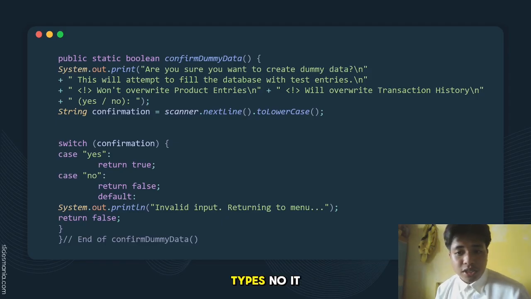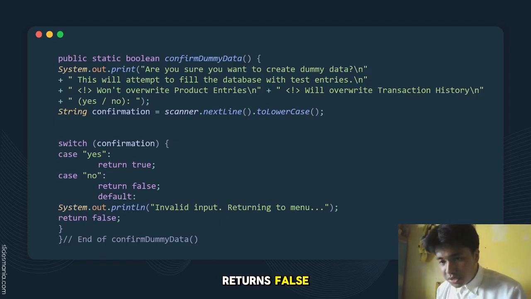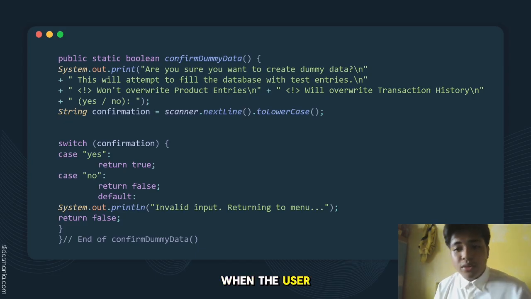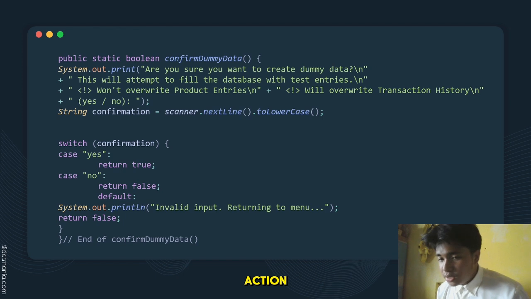If the user types no, it returns false, meaning the operation will be cancelled. If the user types anything else, the program prints invalid input and also returns false. This ensures that the system only proceeds when the user clearly confirms the action.